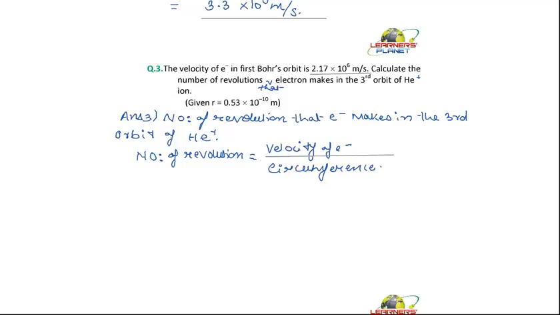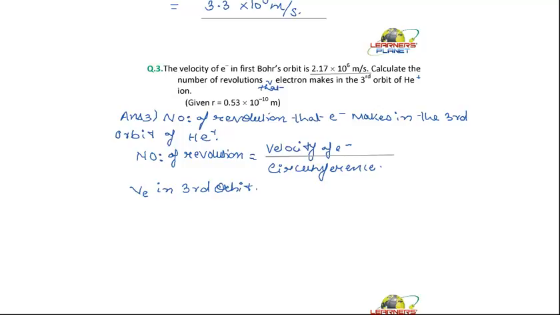Now, first we need to find out, what do we know here? We know that the velocity of electron in first orbit is 2.17 into 10 to the power 6. So, what we need to find is the velocity of electron in third orbit.